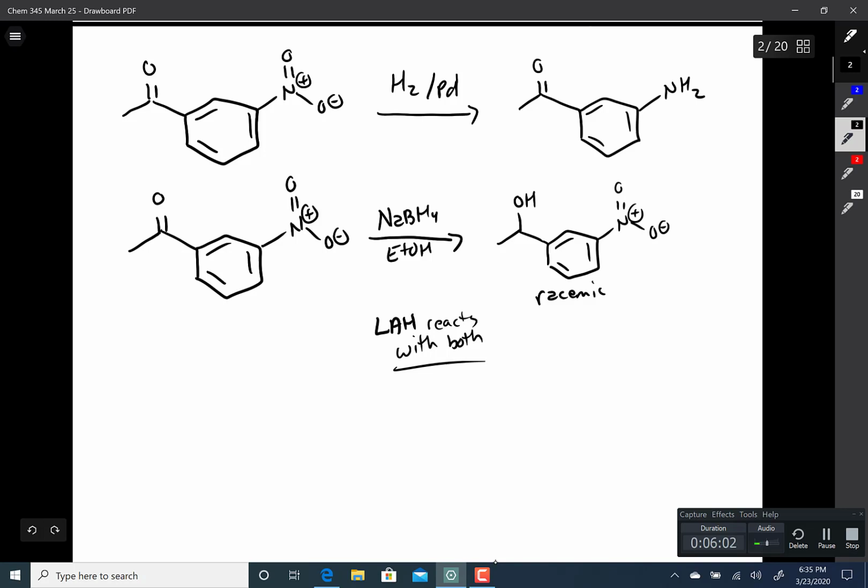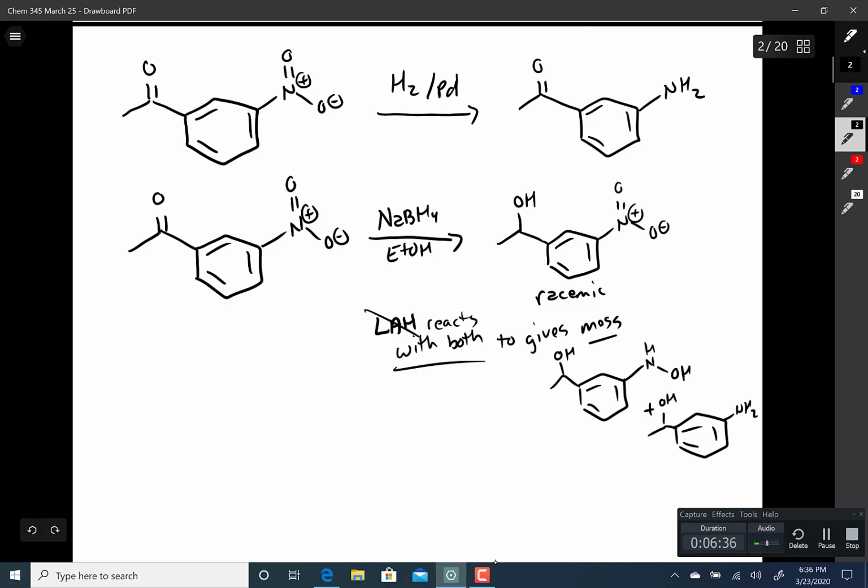And so it's not a good idea to use LAH when you have a nitro group on there. And it typically gives a mess with partial reduction of that. Such as going just down to the dihydroxylamine. Into the amine, you get a mess. So don't use LAH.